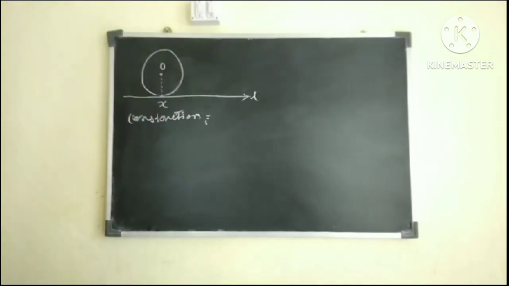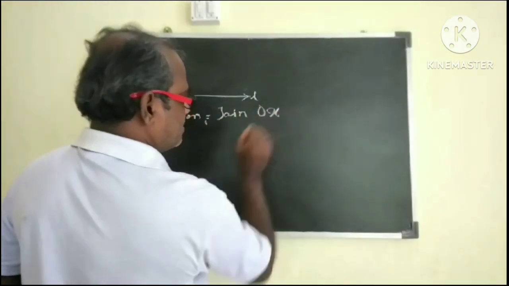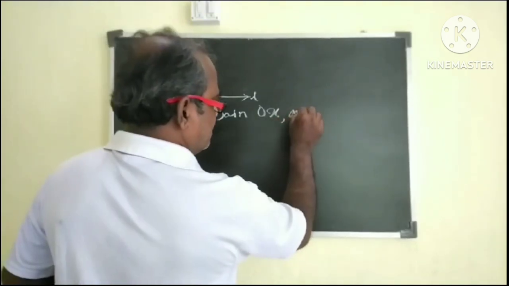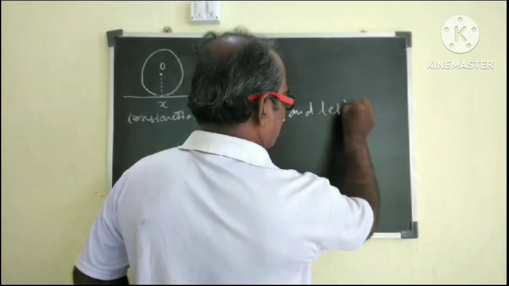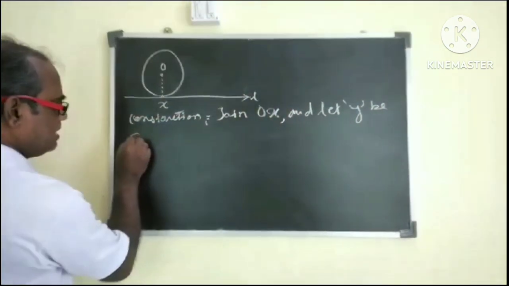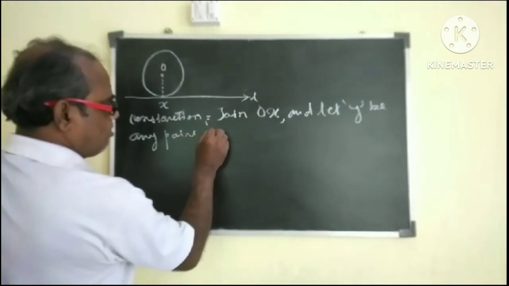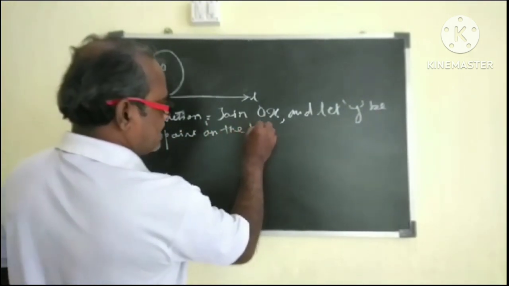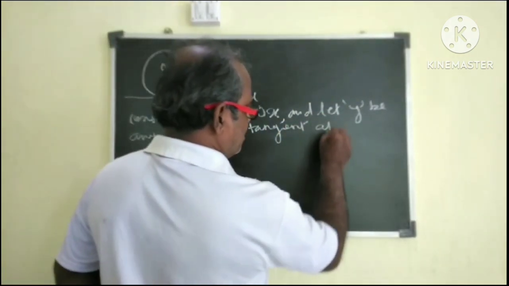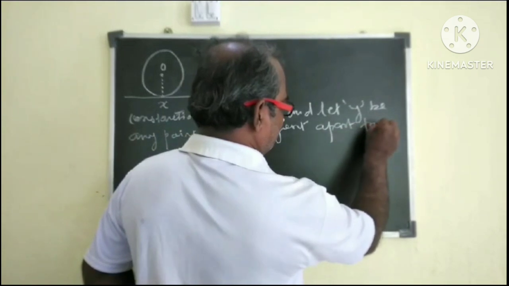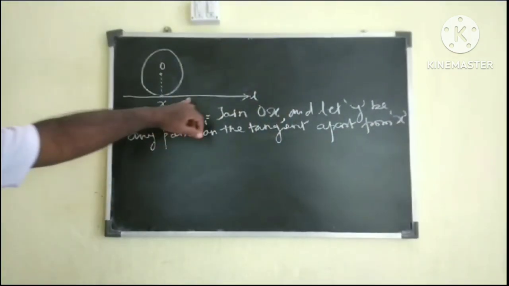Now first write here: join OX, and let Y be any point on the tangent apart from point X.